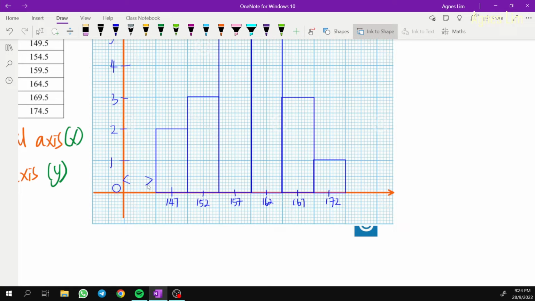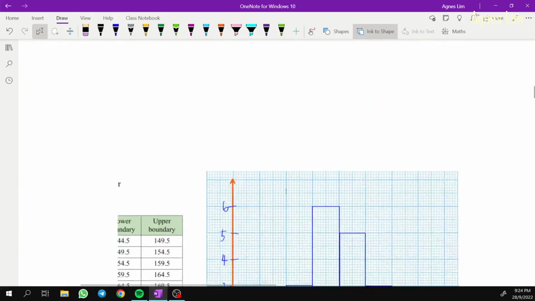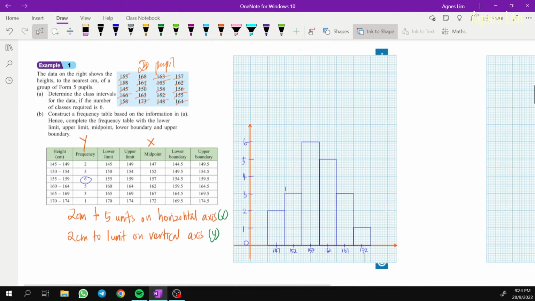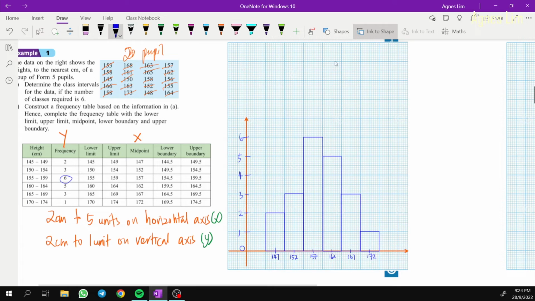The arrow can delete now. So that's how we draw a histogram that uses midpoint. Usually when we want to use midpoint, it's because the question wants you to draw the frequency polygon on the same graph or on top of the histogram, either way.